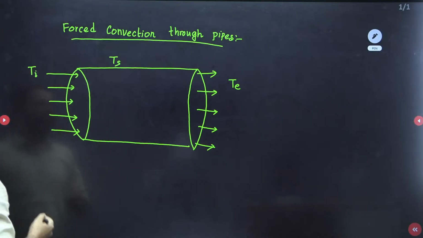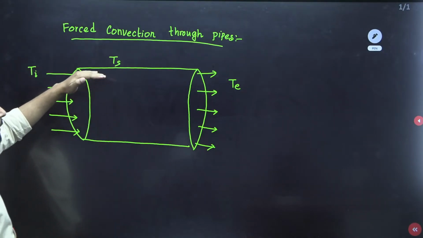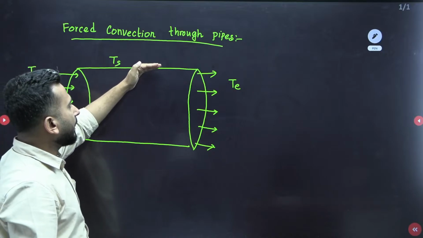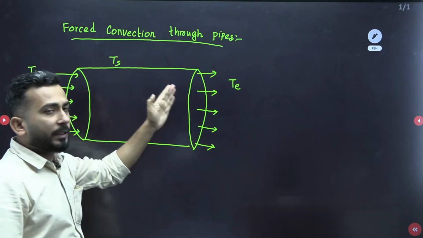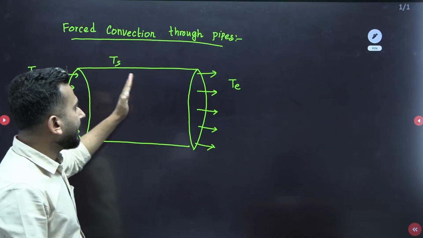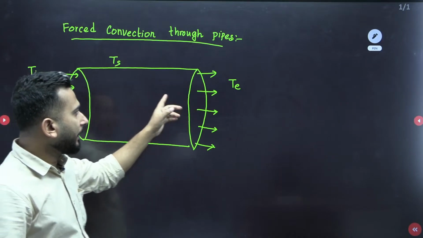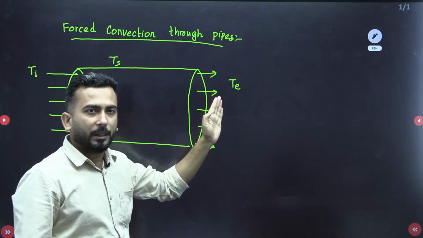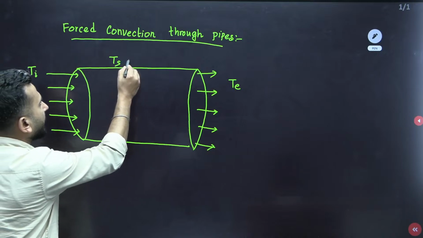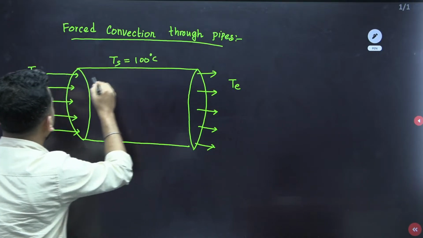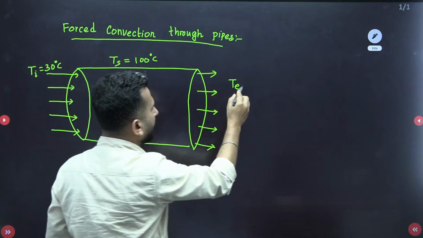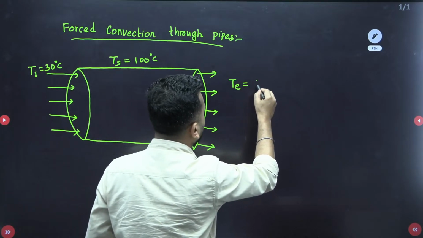Suppose the pipe is hot, so when the fluid comes in contact with the surface, its temperature will rise, and as it flows, its temperature keeps on rising, and ultimately its temperature becomes the maximum at the exit. Let us say the surface temperature is 100 degrees centigrade. Initially the fluid will be, say, 30 degrees centigrade, and as it exits the pipe, it will be around 80 degrees centigrade.